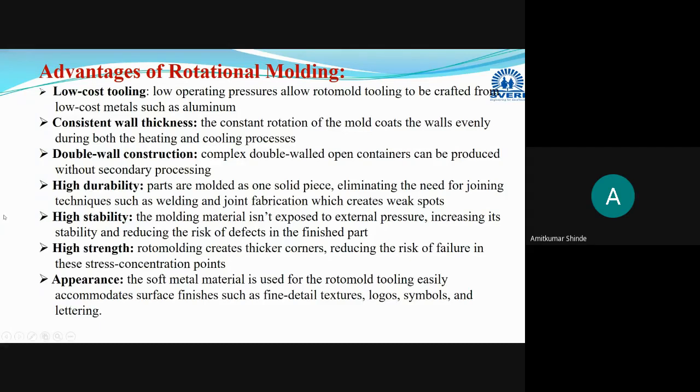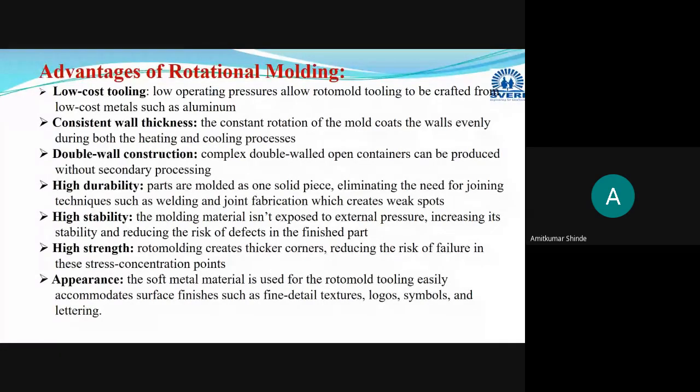Life is more, then they will provide more stability, and their strength is also very high. Due to the high strength, the risk of the failure is very less in these components. Then appearance is very good, as due to this rotational molding process, very high surface finish can be obtained.